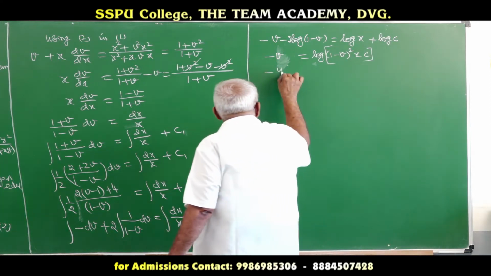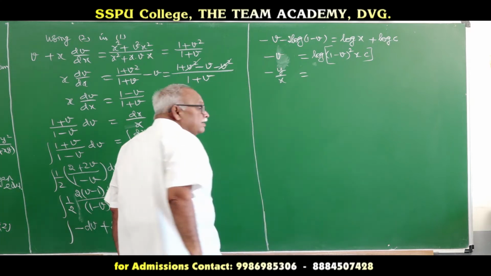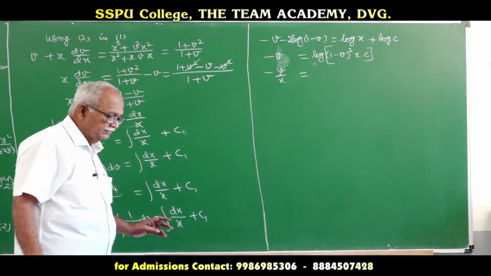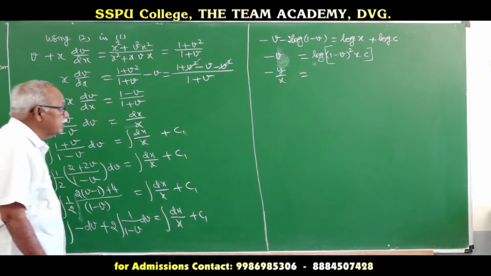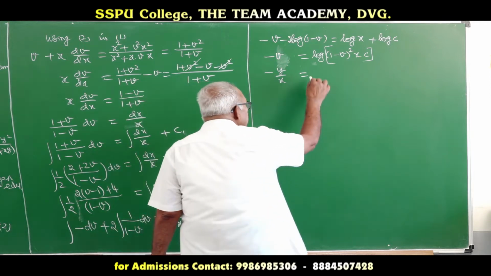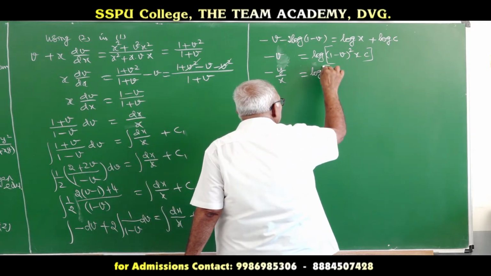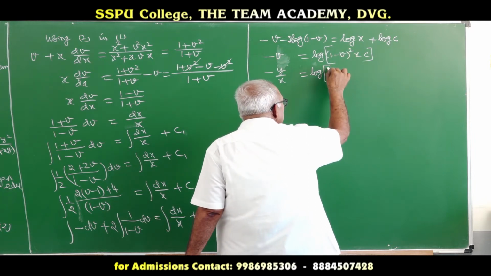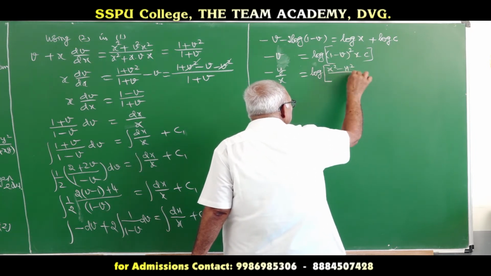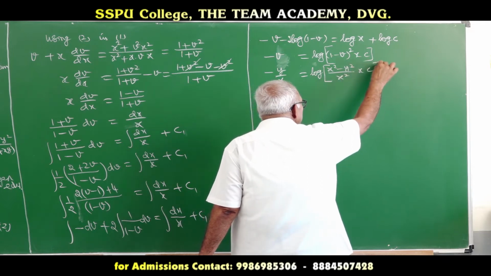So now let us substitute v is equal to y by x, because we have put y is equal to vx. Now here log 1 minus v, that is y by x. So x square minus y square by x square x into c.